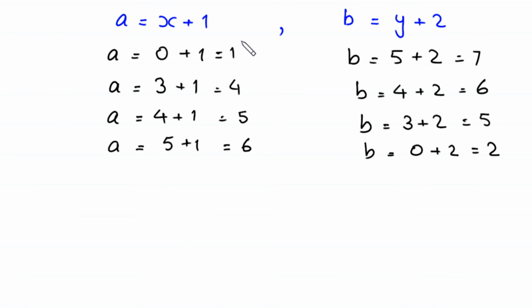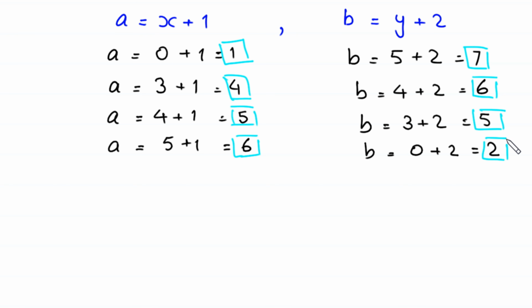So when a is equal to 1, then b is equal to 7, and when a is equal to 4, b will be equal to 6. When a is equal to 5, then b will be equal to 5. Then a will be equal to 6, and b is equal to 2.